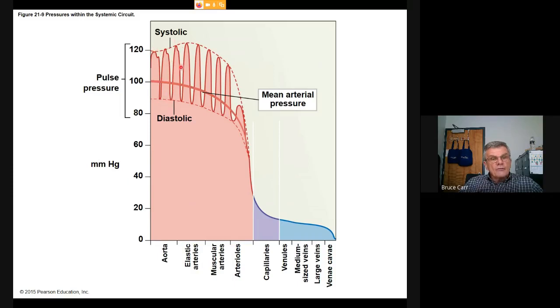So as those valves open and close, this is why our pressure cuffs measure systolic and diastolic pressures, as this pulse on the pressure side is most pronounced in the elastic and musculars, and down here in the arterioles. See how it's diminished and damped out as it enters the arteries.